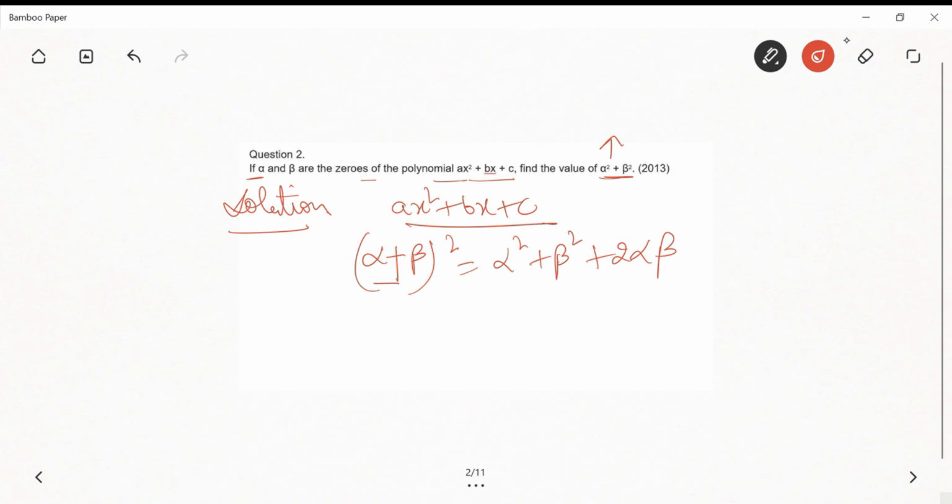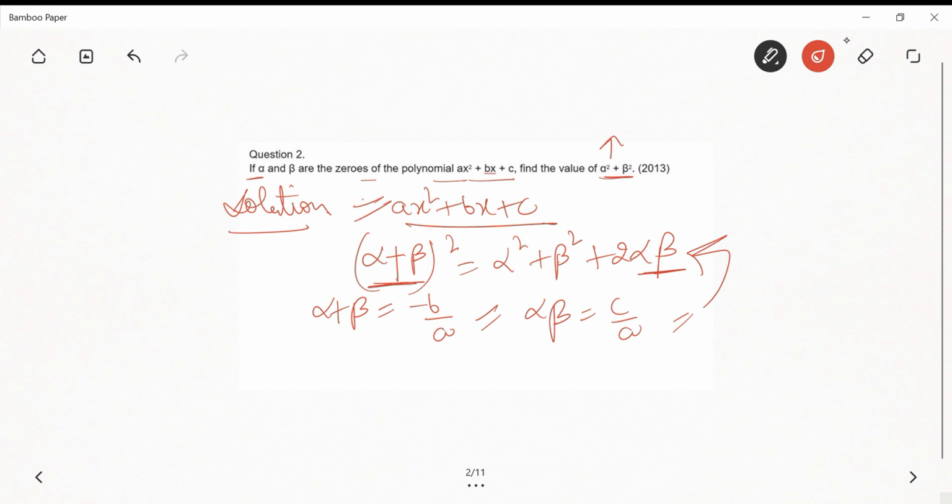Now see students, alpha plus beta is the sum of the zeros, alpha into beta is the product of the zeros. So from the given quadratic equation, we have alpha plus beta is equal to minus b by a, correct? And alpha into beta is equal to c by a. Now we will put the values in the given identity.